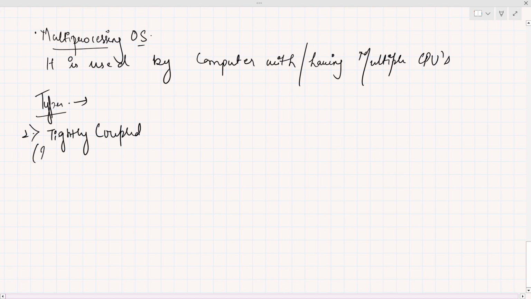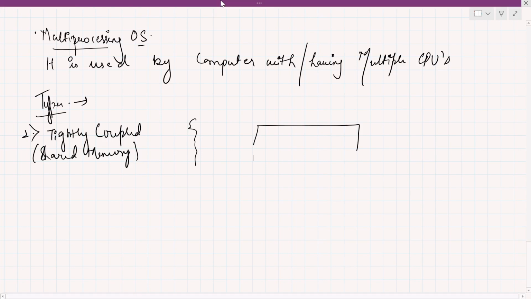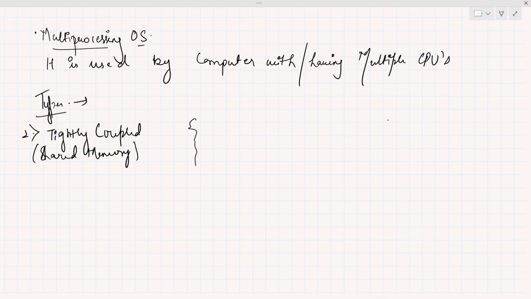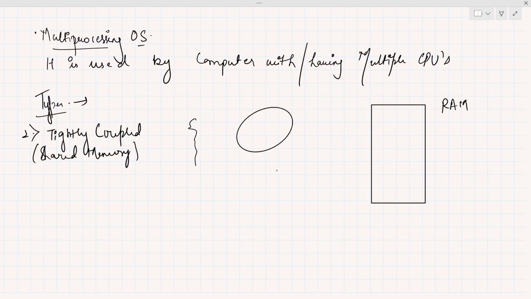In a tightly coupled multi-processing operating system, we have a main memory, which is the RAM, and we have multiple CPUs: CPU 1, CPU 2, CPU 3.